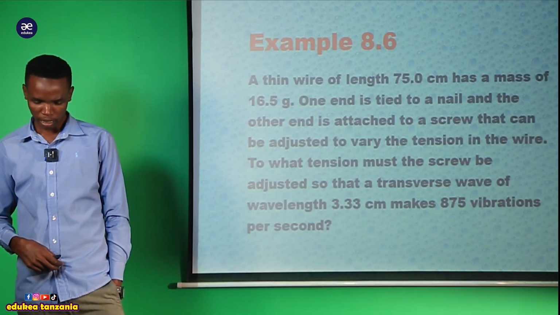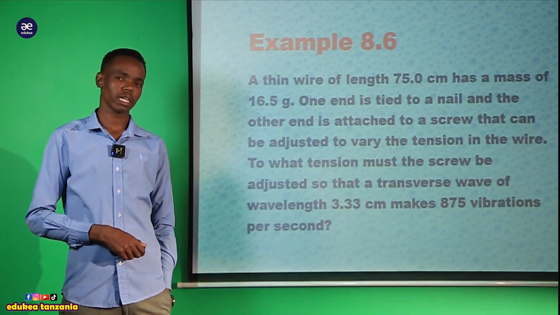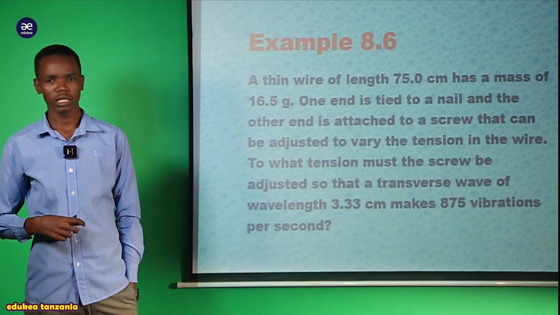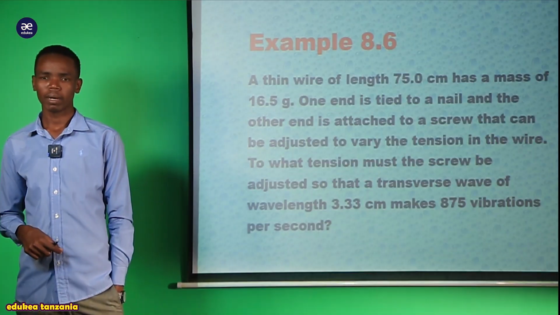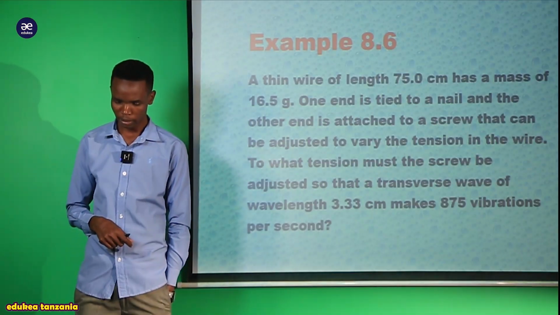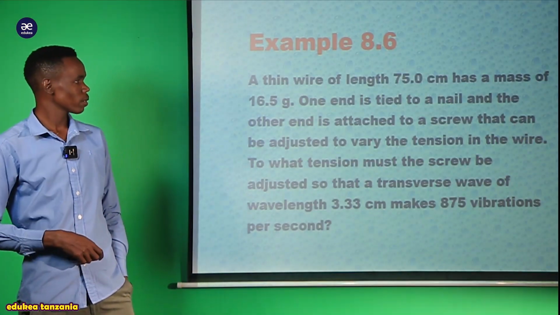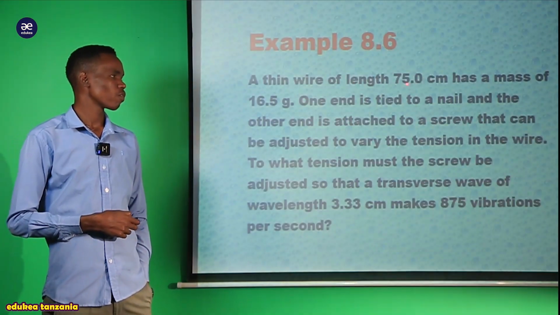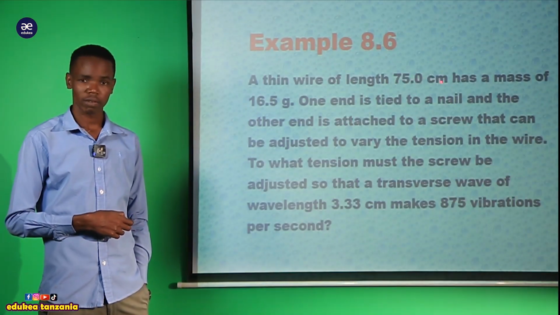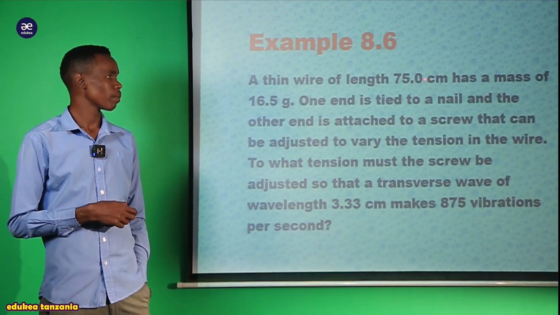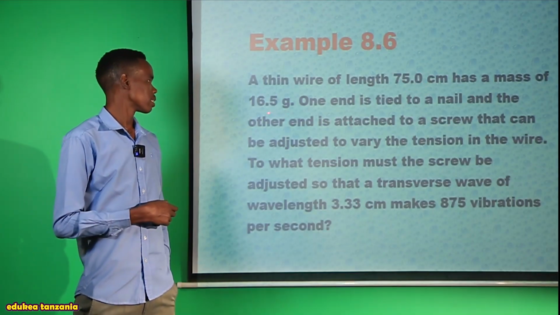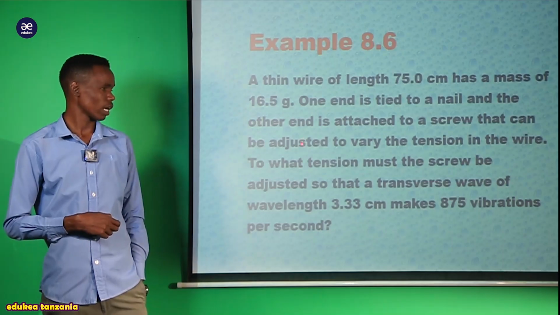So today, let us proceed with our discussion with an example related to what we learned in the last discussions. We have our example number 6 for topic number 8. The example says that a thin wire of length 75.0 centimeter has a mass of 16.5 gram.